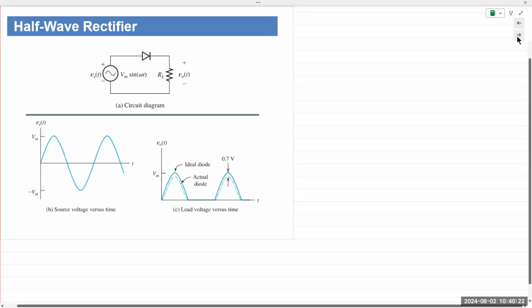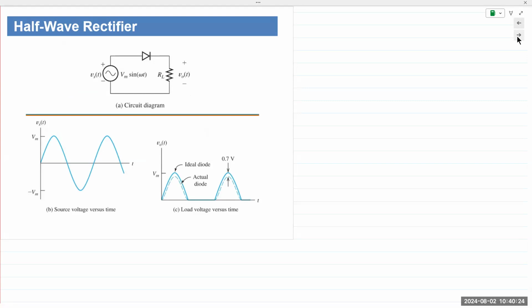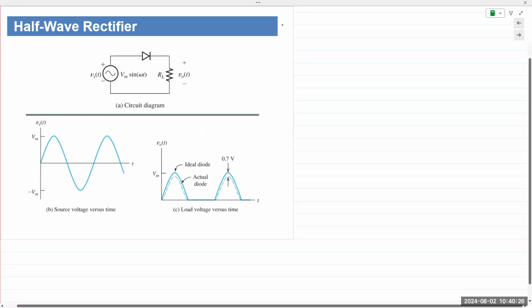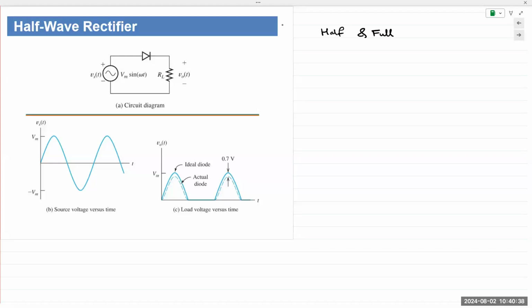There are two kinds of rectifier circuits that we can create with diodes: half wave and full wave. Both of these refer to the positive and negative halves of an AC voltage.